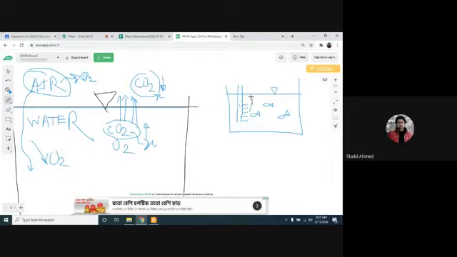Did you see the bubbles? Yes, sir. Now these aquatic species need oxygen dissolved in water, dissolved oxygen in water to survive. Otherwise, they will die.